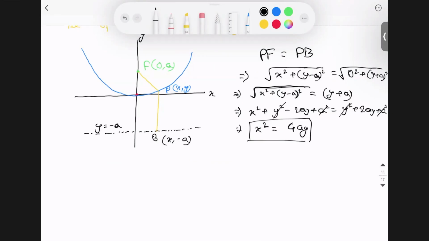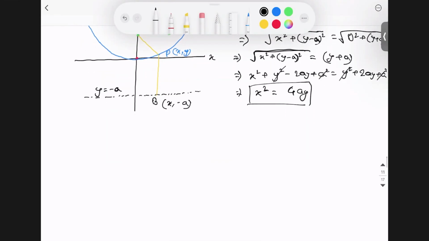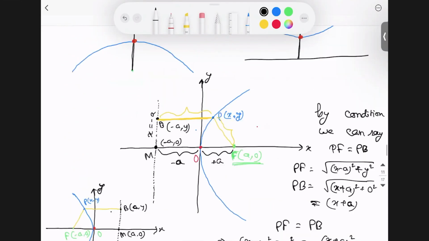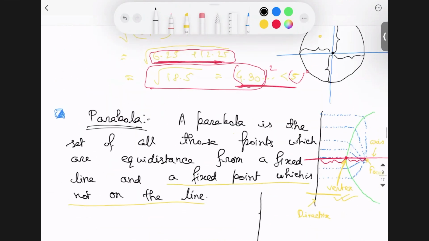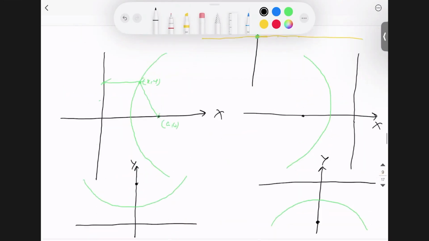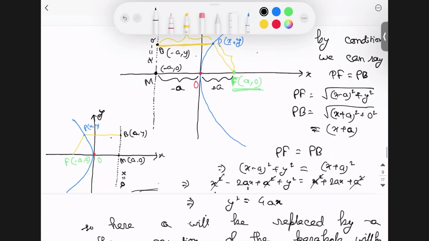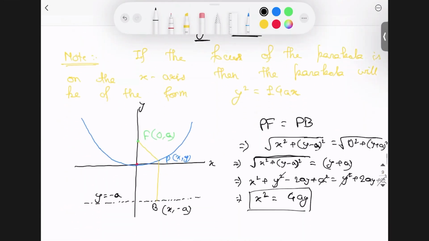So the standard equation of the parabola is where the origin is the vertex, and the focus is on the x-axis or y-axis, and the directrix is parallel to the y-axis or x-axis.